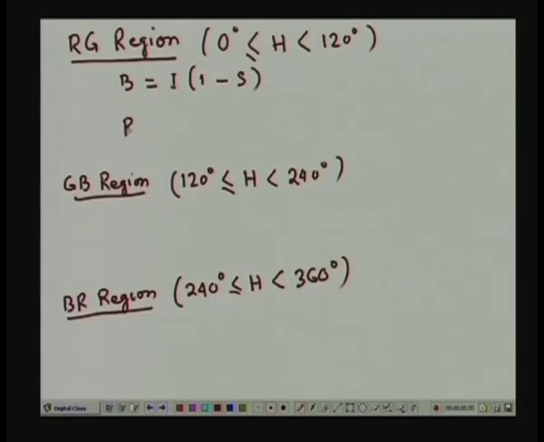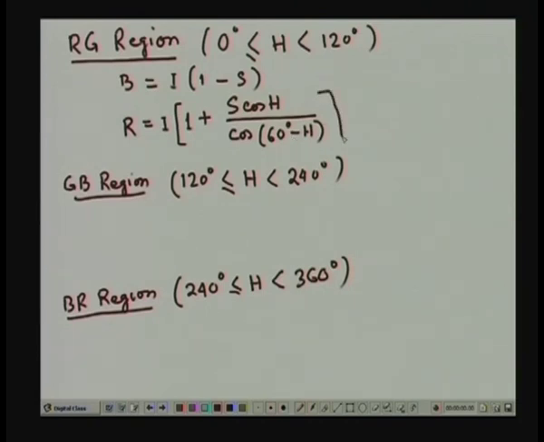The red component is given by I into 1 plus S cosine H divided by cosine 60 degree minus H, and green component is simply given by 1 minus R plus B.